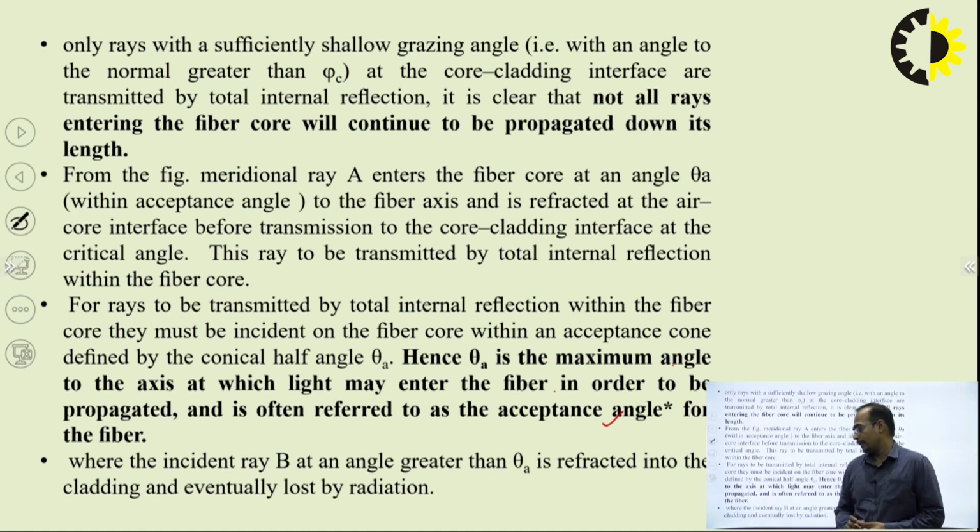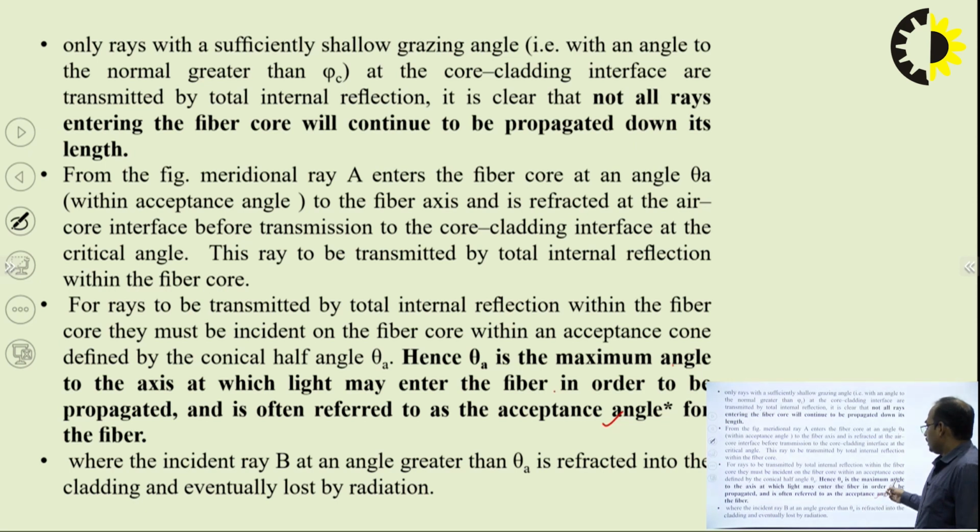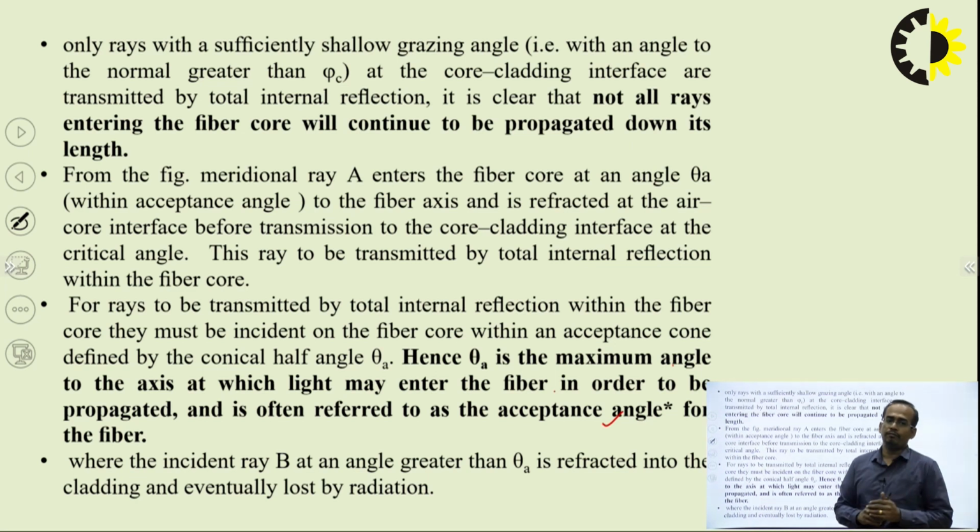This is the maximum angle to the axis at which light may enter the fiber. The range in positive and negative will give a cone, and within that cone you can make the light incident, and it will follow the total internal reflection phenomenon.